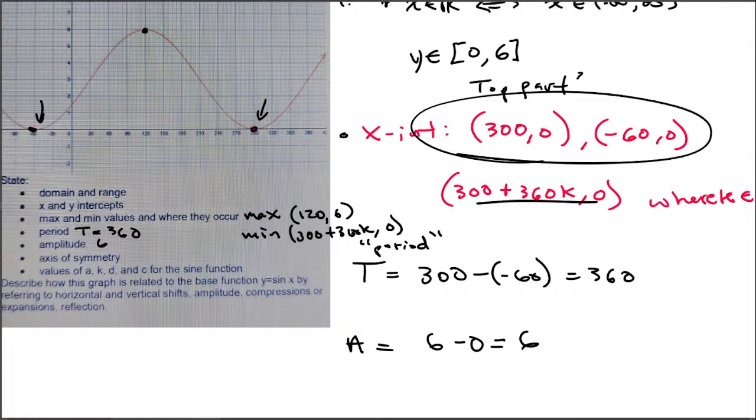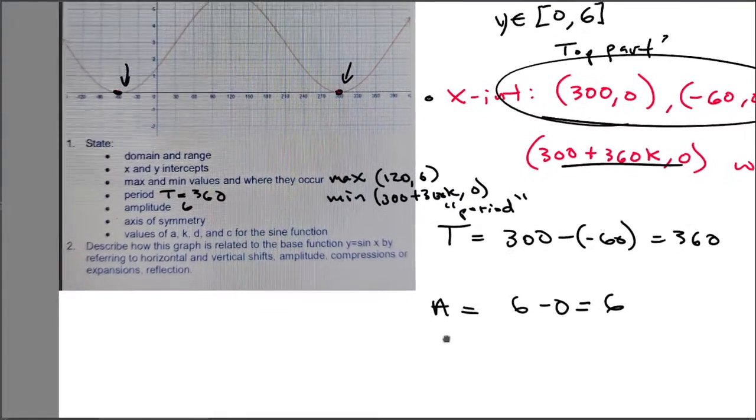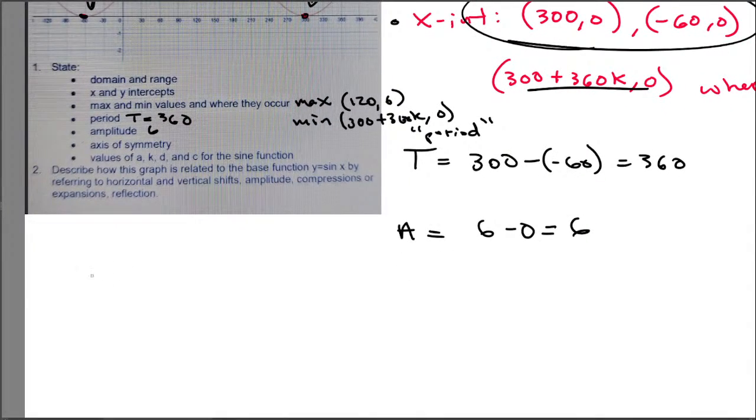The axis of symmetry. I actually don't know what they mean here. There's an axis of symmetry for parabolas. So axis of symmetry sine function. Oh, they mean the midline. Okay, we call this the midline. So the way you get the midline, or the axis of symmetry, is you take the average of the peak and the trough, the average of the max and the min.